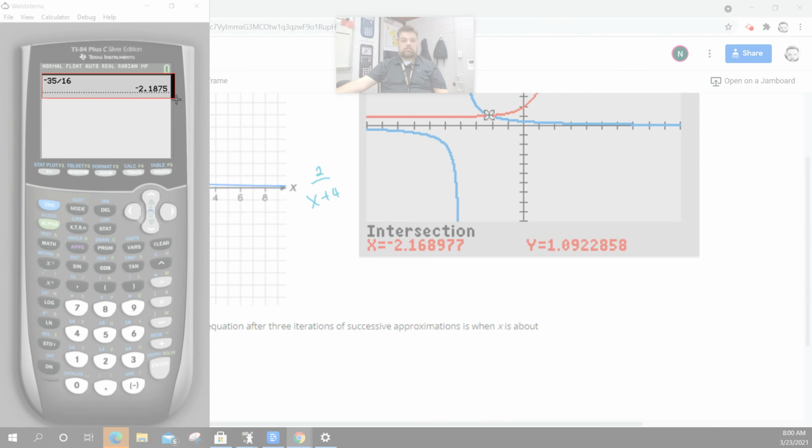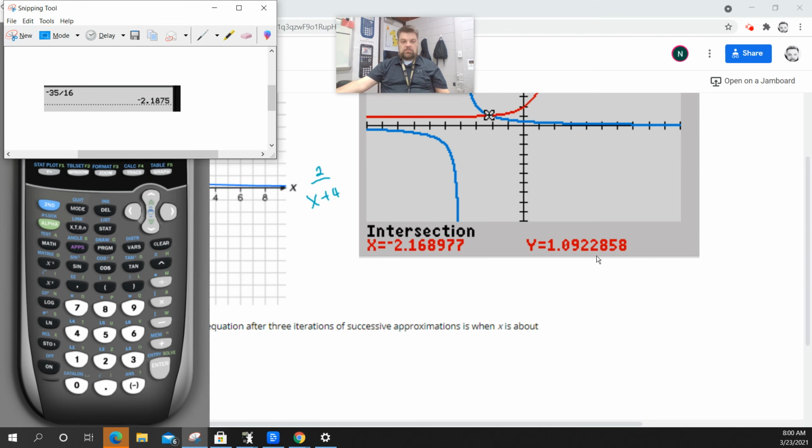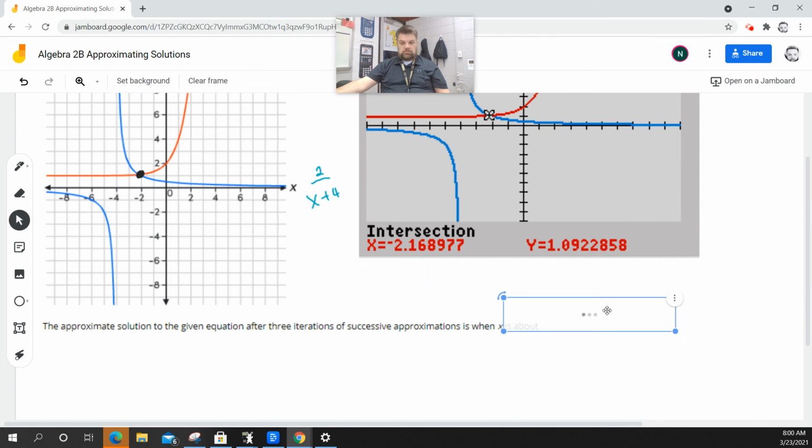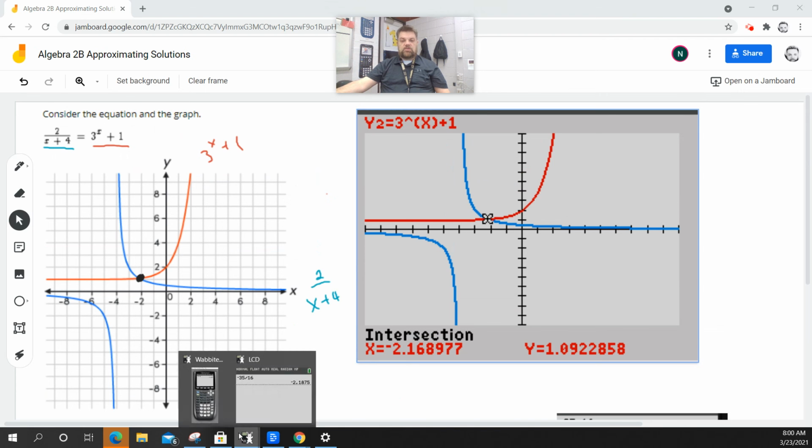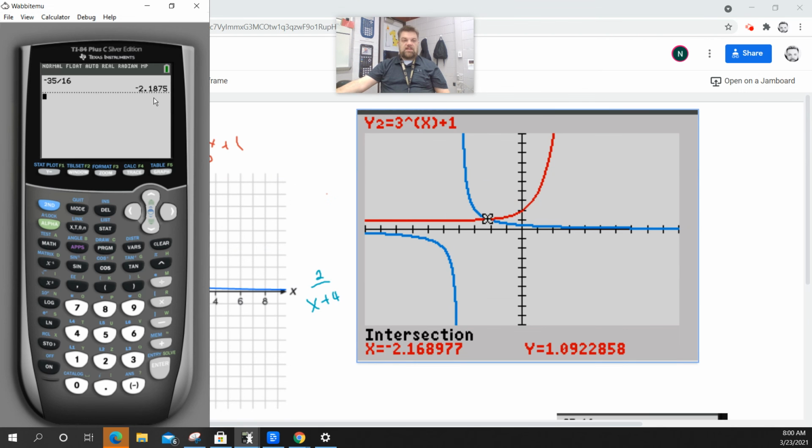Now, you might say, Mr. Adams, why is it so off? Well, I could go back into the calculator and zoom in a little bit now that I know what it is and get a little closer.